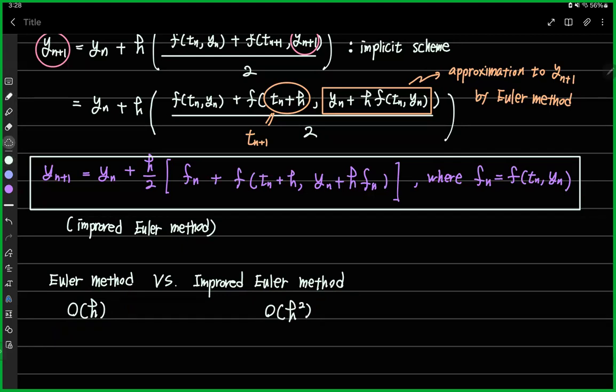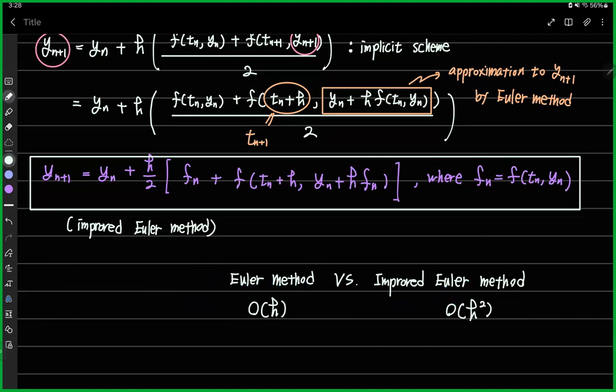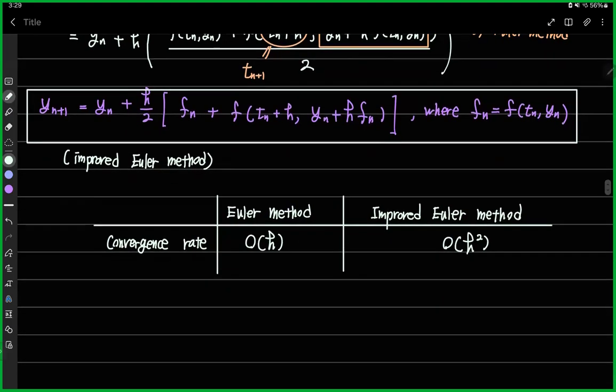So what does convergence rate mean? Convergence rate means that if h is decreased, let's say h is 1, we get the accuracy of y sub n plus 1, and then we reduce h by half.